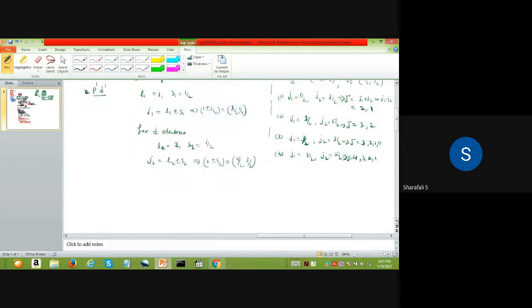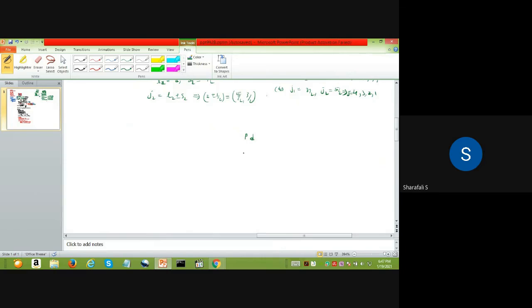Now what will happen in this particular case is that you initially have the PD state, and that has been split into different energy levels because of JJ coupling. So these are 4 states, 4 energy levels.